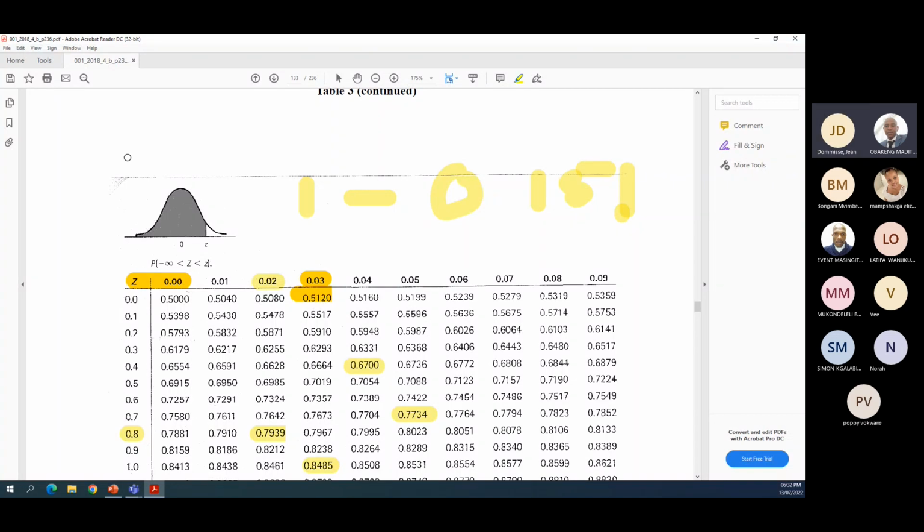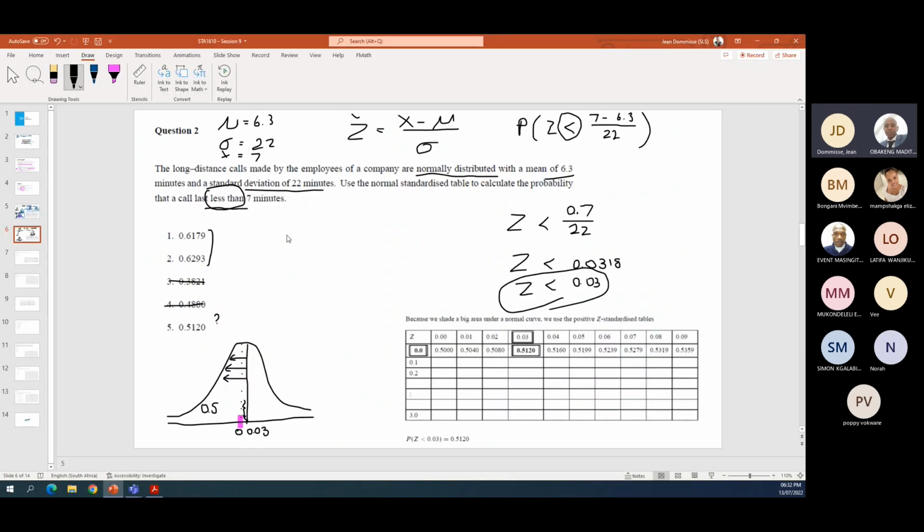The way that we look at the table is nicely explained here as well. So let me write down the 0.03. We go down the table for the first two values, so 0.0, and we go across the table for the second value.